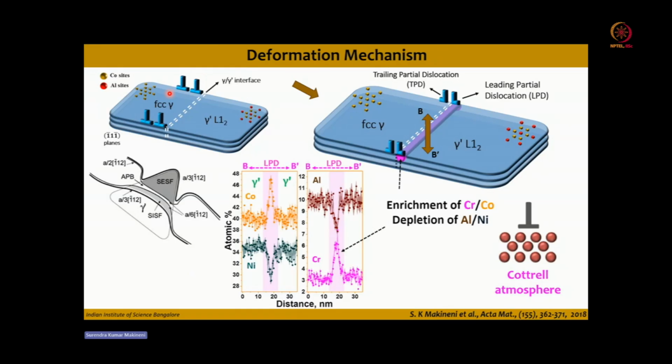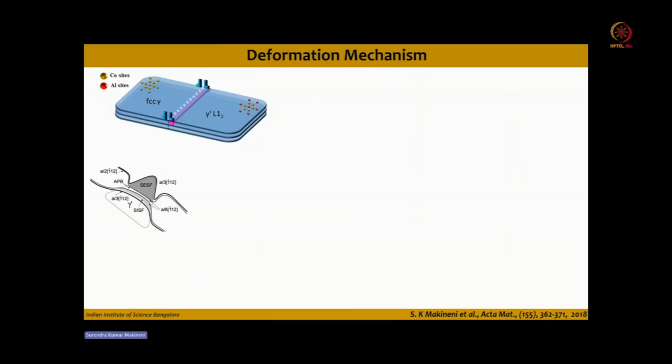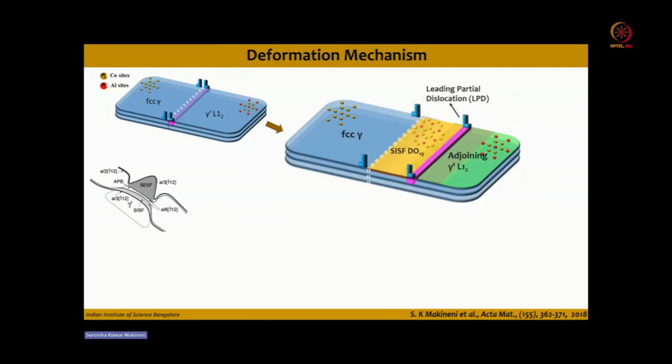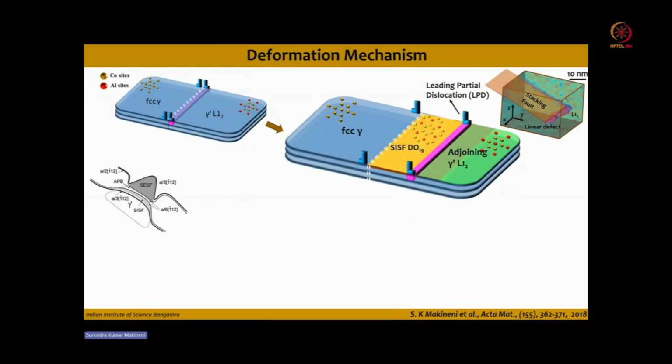If the stress is applied further with time and at high temperature, this partial defect will shear further and transform the L12 structure behind it to a DO19 SISF structure. Okay, and this DO19 SISF structure is an HCP-based ordered structure in the sample. Okay, and this has a composition different from the linear defect.